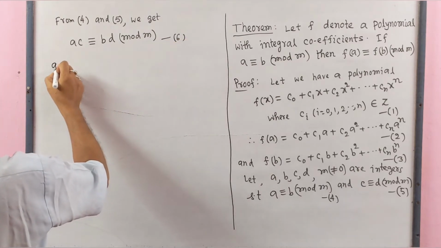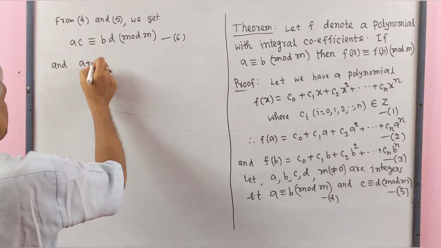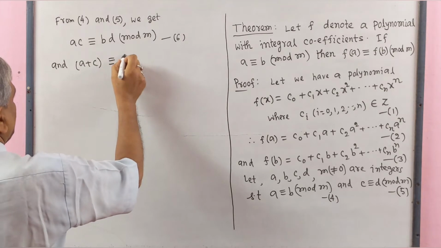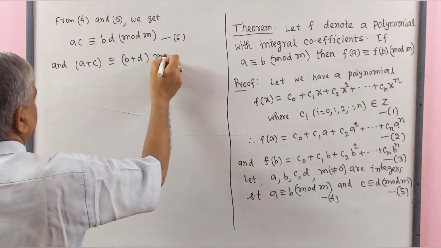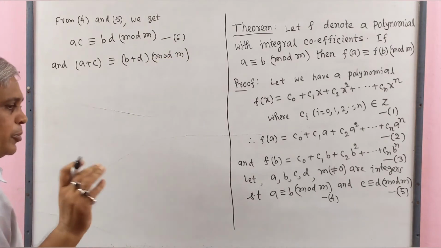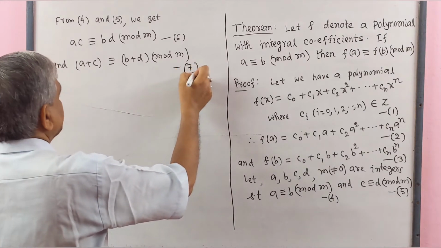And a plus c congruent b plus d modulo m from the properties of congruence. This is number 7.